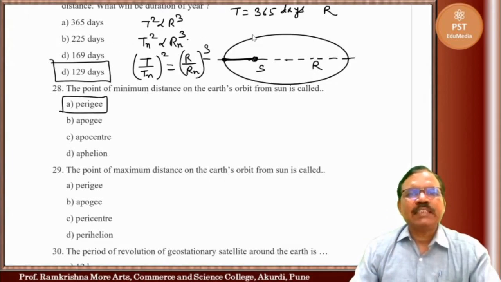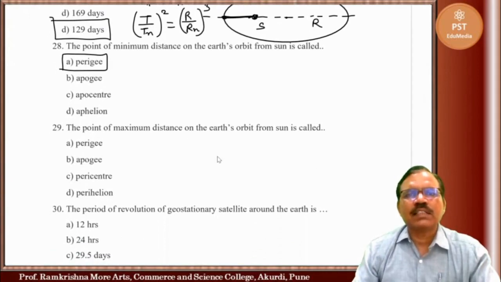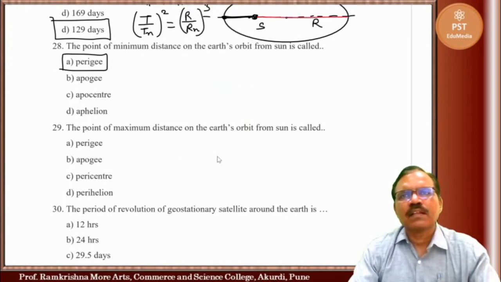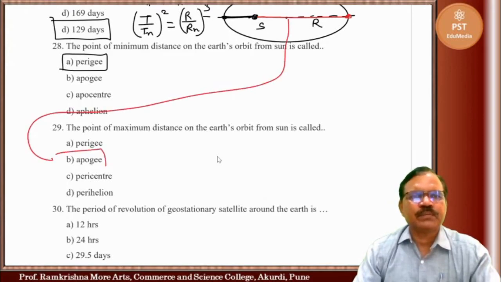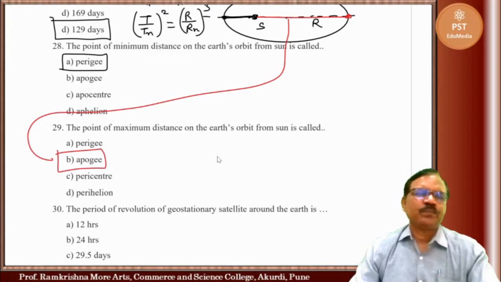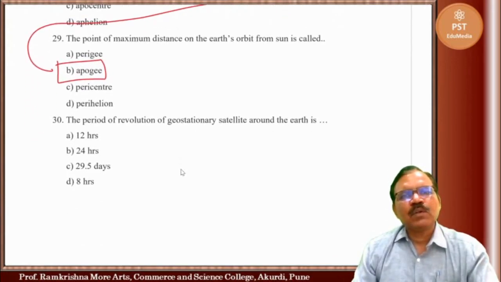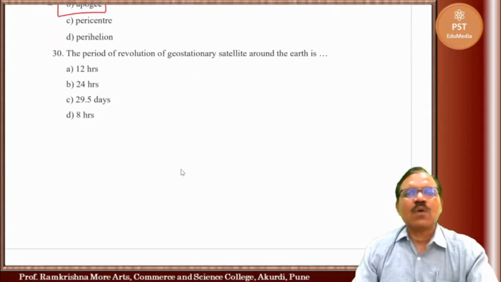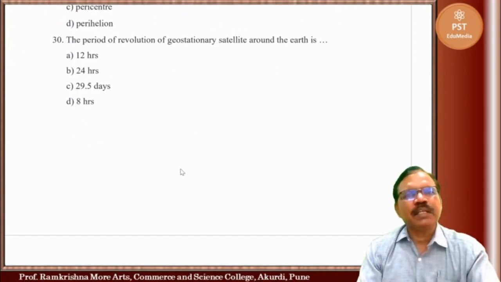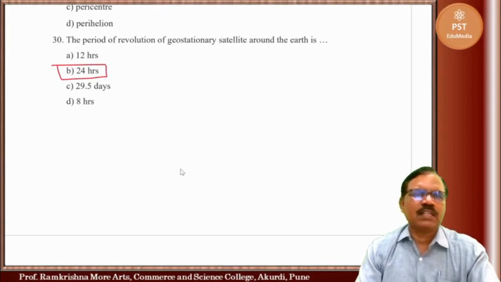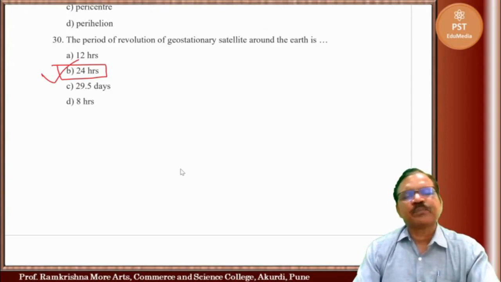The point of maximum distance on the Earth's orbit from the sun is? So this maximum distance is this one, and it is called aphelion. The period of revolution of a geostationary satellite around the Earth is? The geostationary satellite has the period of revolution same as the period of rotation of Earth, that is 24 hours.